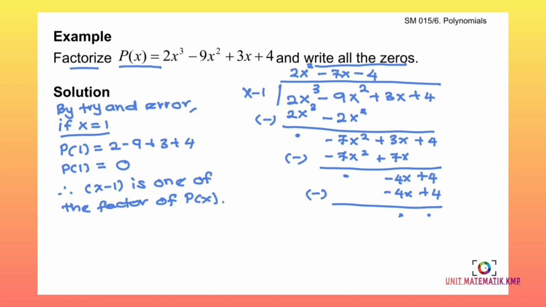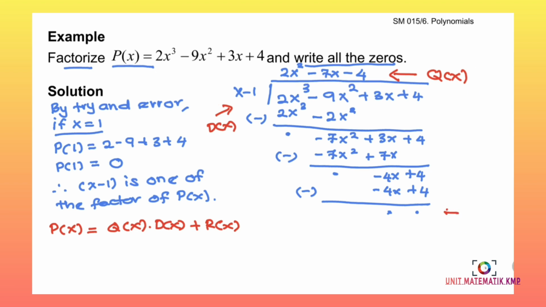As usual, after we do a long division, we need to rewrite in general form. Remember what the general form is? The general form is P(x) equals Q(x) times D(x) plus R(x). We know that this is our D(x), here we have the quotient, this is the remainder, and here is our P(x).